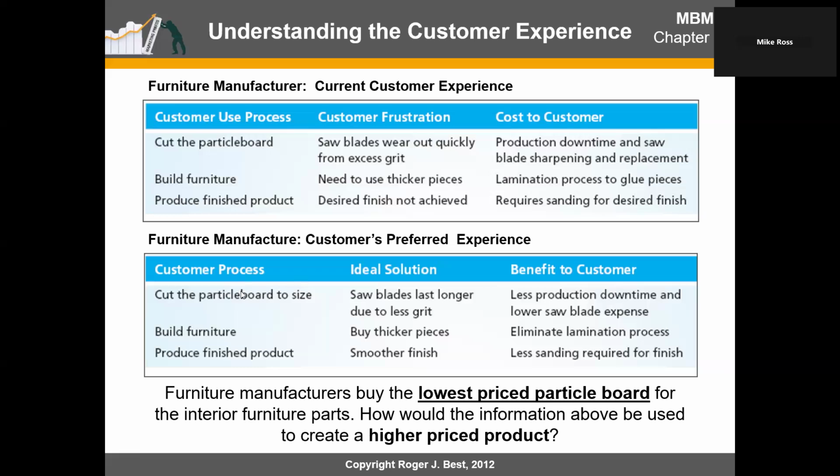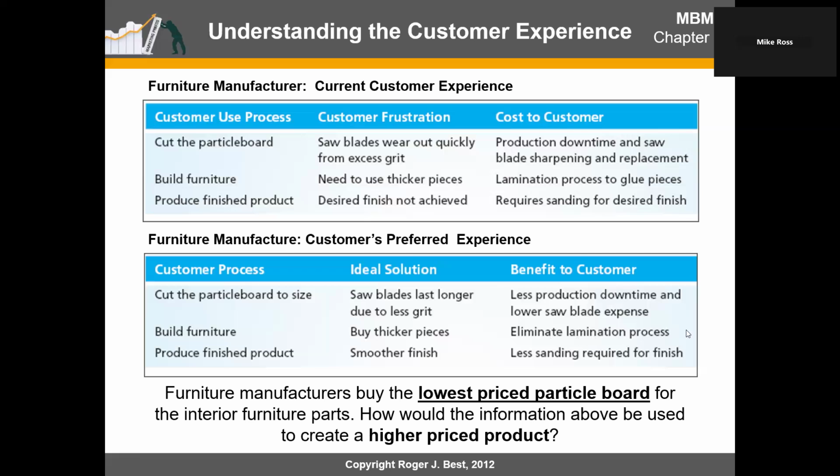versus, again, you're a furniture manufacturer, and let's say your suppliers pre-cut particle board to size, maybe they are able to help in the building process. What are the benefits with this new and improved preferred experience? Well, less downtime for production.